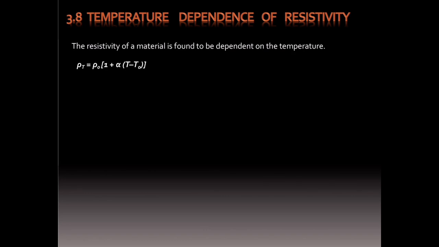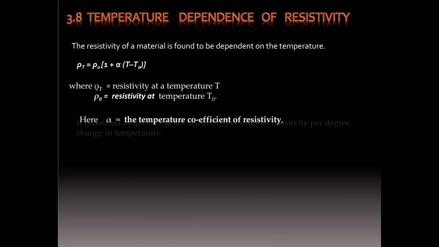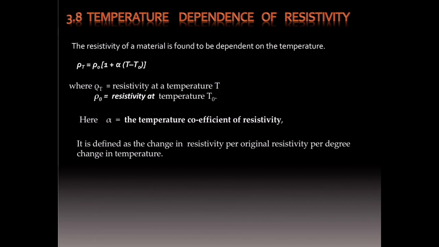Here rho T indicates resistivity at temperature T, rho naught indicates resistivity at temperature T naught, and alpha stands for temperature coefficient of resistivity. It is defined as change in resistivity per original resistivity per degree change in temperature.